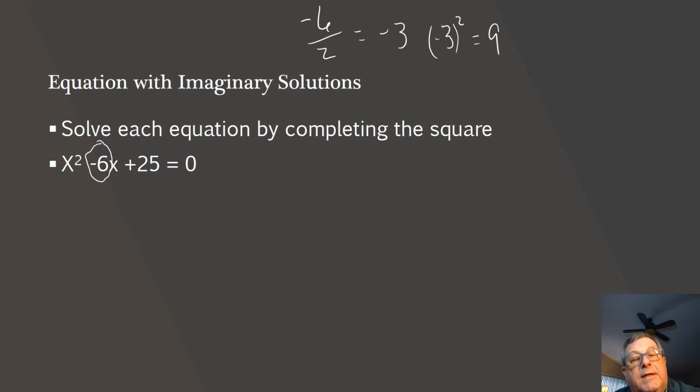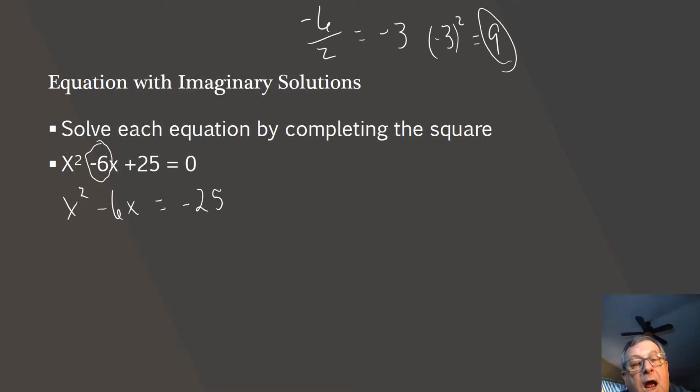And then as we write this equation, we're going to start here with x squared minus 6x. We're going to move the positive 25 over by subtracting from both sides. That gives us -25. And now we're going to complete the square by adding 9 to both sides of the equation. So we got x squared minus 6x plus 9 equals -25 plus 9.